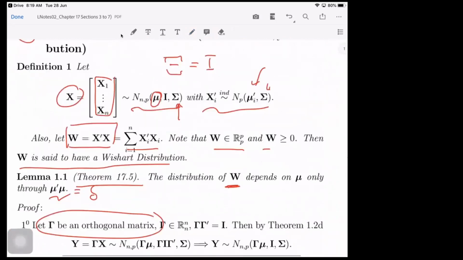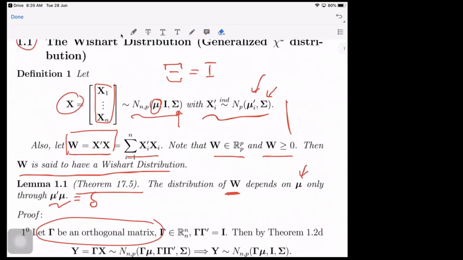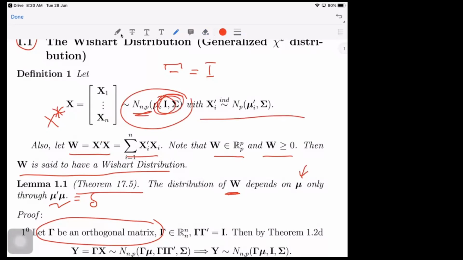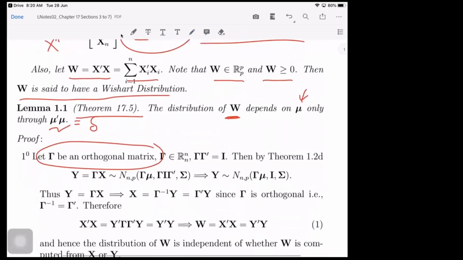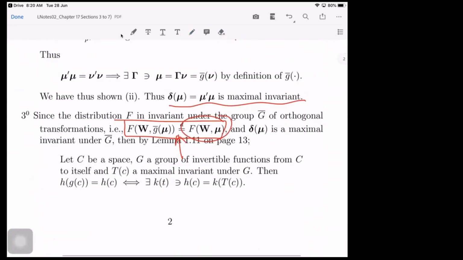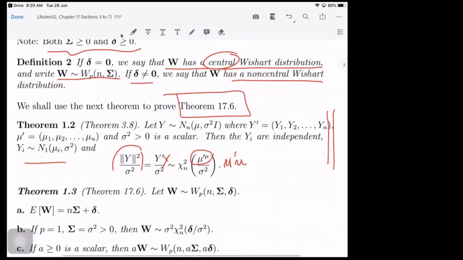It must be normally distributed, but the parameters can change as long as it is normally distributed, and each of them should be independent. And each of them is normally distributed before you can conclude that it follows a Wishart distribution.